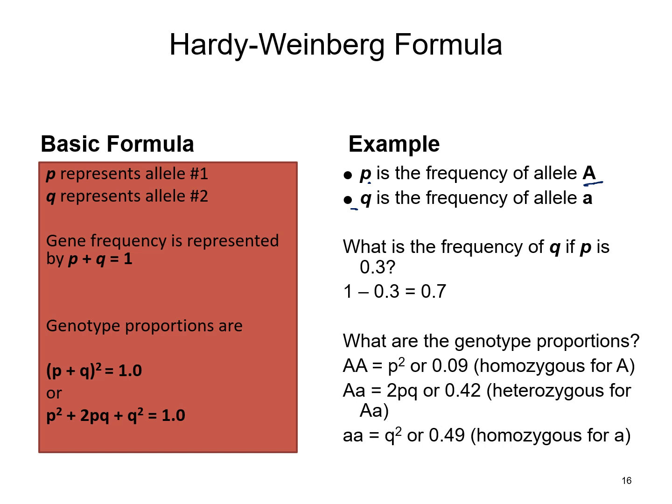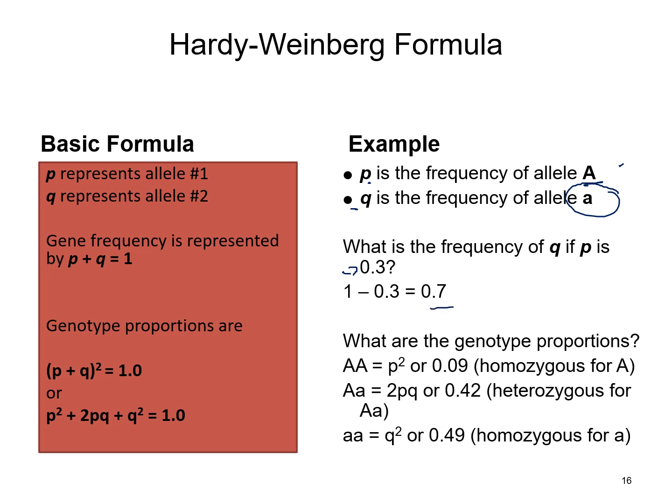If we know how that is inherited, then we can determine the frequency of Q. So this is our unknown. If we plug everything into the equation, 1 minus this particular frequency, that would give us 0.7.